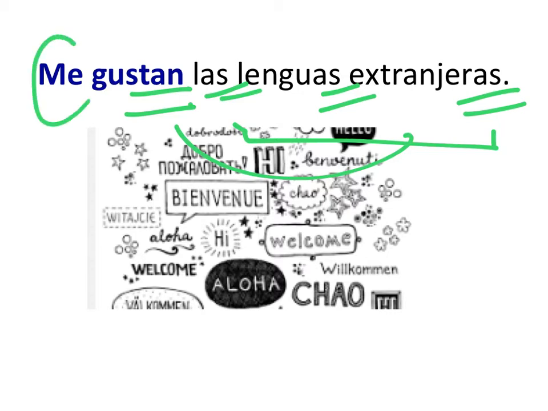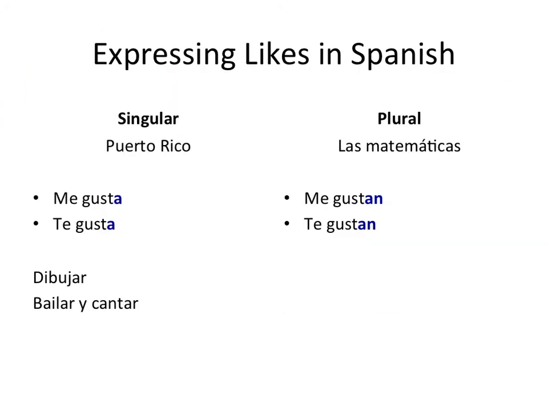But I'm still talking about myself and my preferences, me, okay? Entonces, en español, cuando expresamos preferencias, tenemos dos opciones. If it's singular, gusta, regardless of who's expressing the opinion. Me, me, you, te. And we'll learn other ways as well.